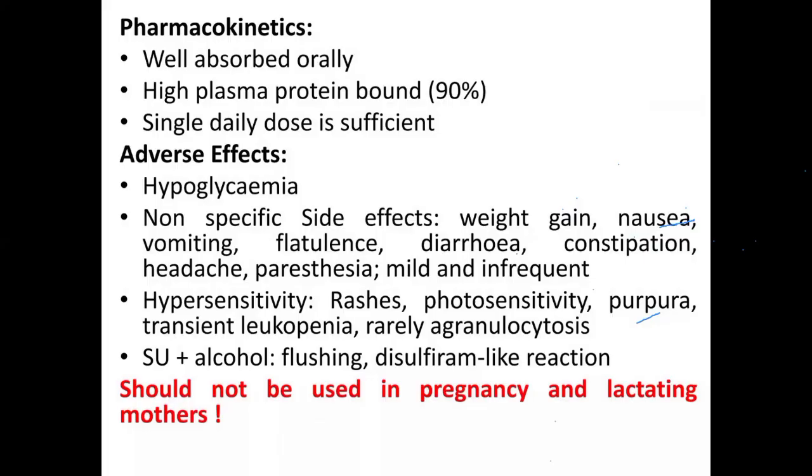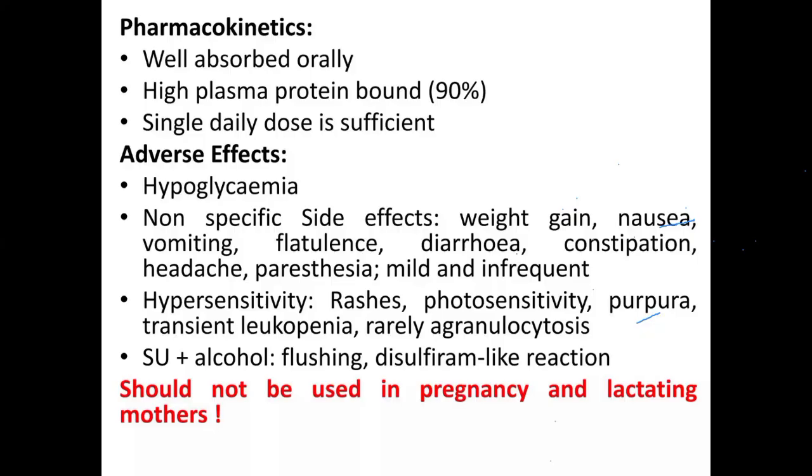In some patients there are multiple doses for diabetes mellitus, two times, three times, after meals, before meals. But when a doctor prescribes sulfonylurea, a single dose is sufficient to act for insulin normalization. Now, this was all about the pharmacokinetic study, but what about the adverse effects of sulfonylurea?